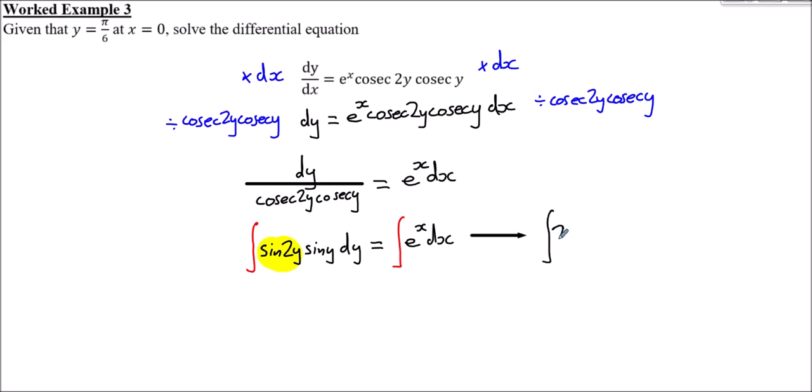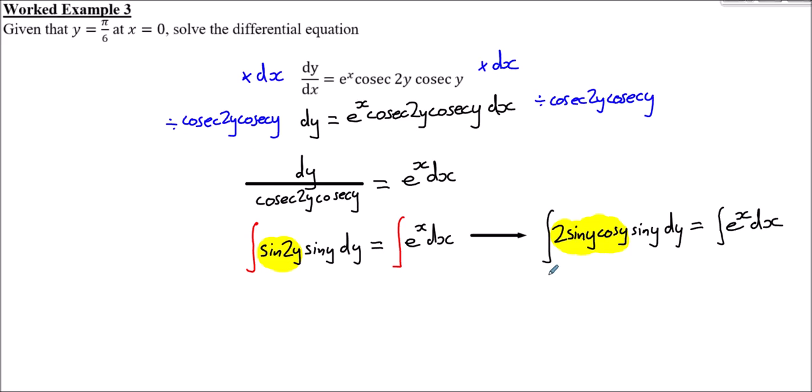So I've got 2 sine y cos y times another sine y with respect to y equals e to the x dx. All I've done there, just one little step, I've rewritten sine 2y as 2 sine y cos y using the double angle formula.